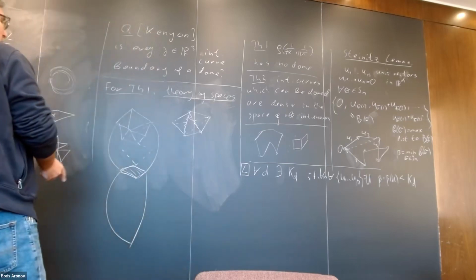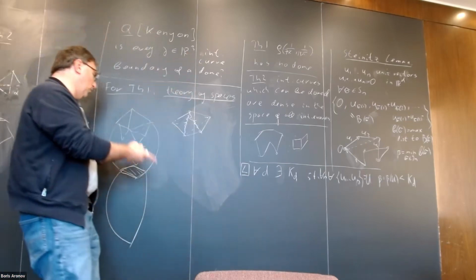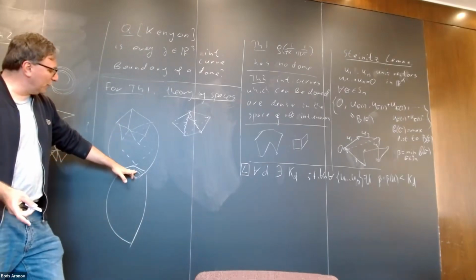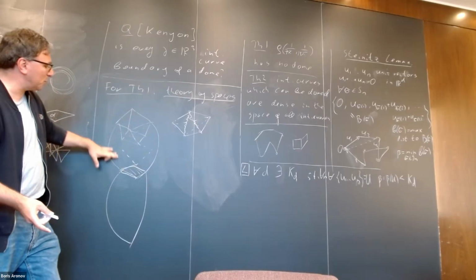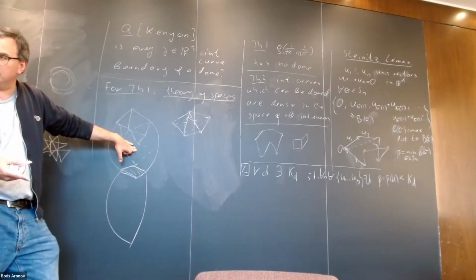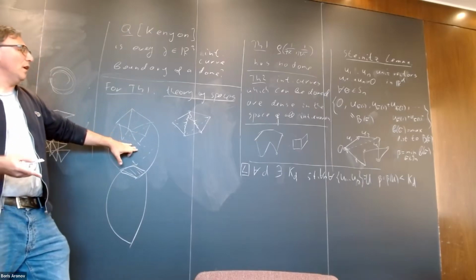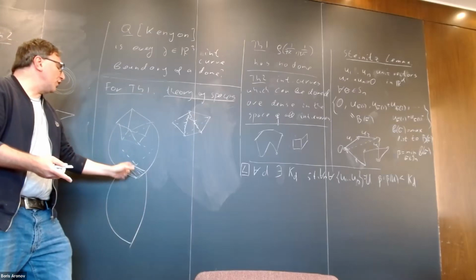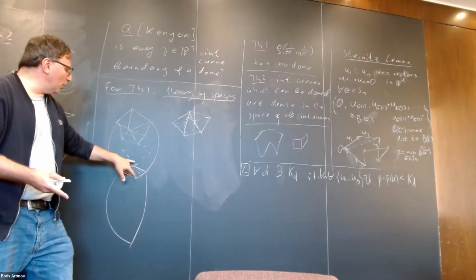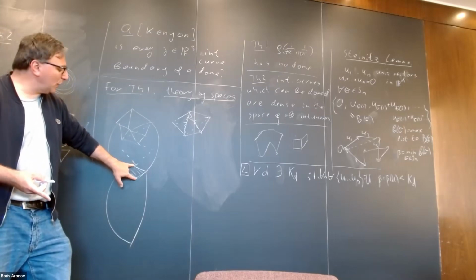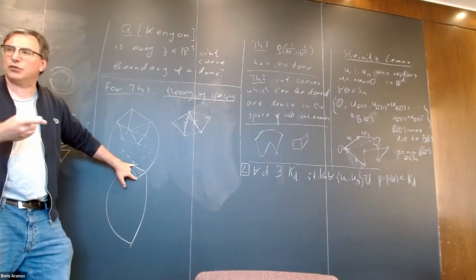So what we can do is look at the whole realization space. If the boundary is a rhombus, we can look at the whole realization space of this polyhedral surface, and we can say that there are certain restrictions on the diagonals of this rhombus that we can have. In particular, you cannot have them both be transcendental and algebraically independent of each other.